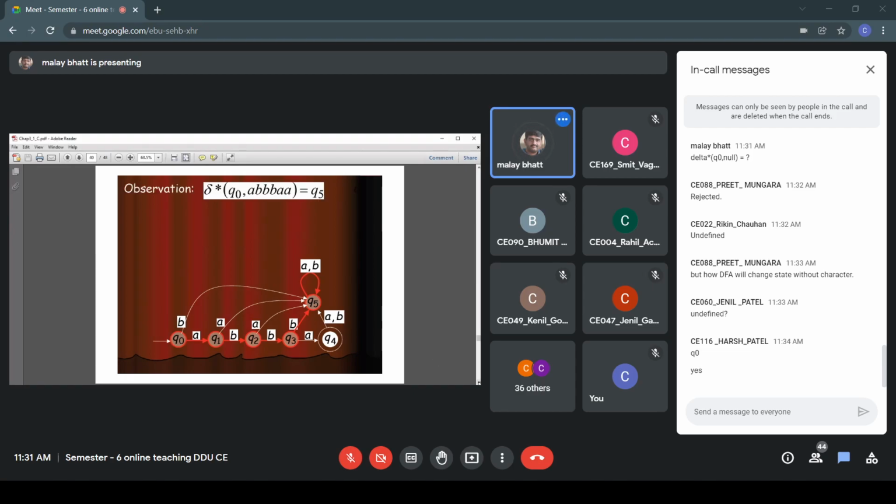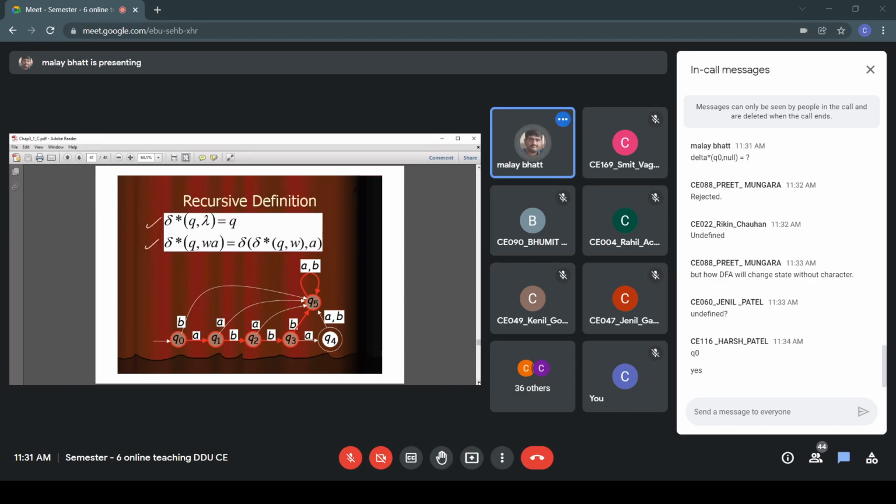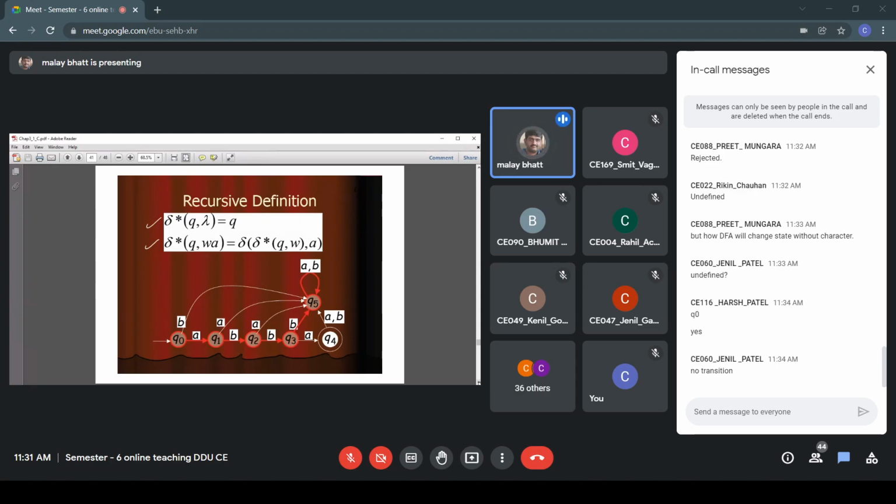That if it is null, the state remains as it is, right? So that's why we are writing this recursive definition for delta star. Now this is very important. Delta star Q null is equal to Q. That means if you consume the null symbol, that means you do not consume a symbol from the input.